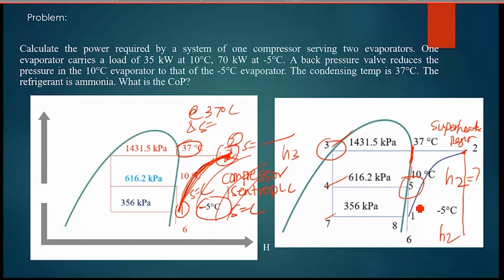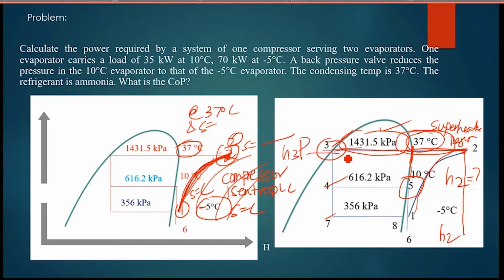Once you get the entropy, you project because this is a constant entropy, and then once it reaches the other parameter, which is 37 degrees saturated temperature, which has a saturation pressure of 1431.5, no? Once you get the saturation temperature, you will get the saturation pressure. So this is just constant pressure because it is on the horizontal.